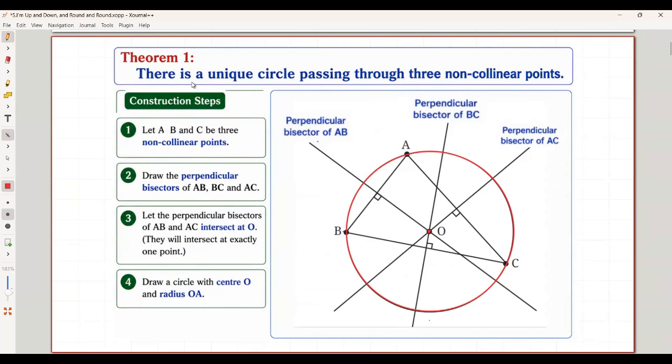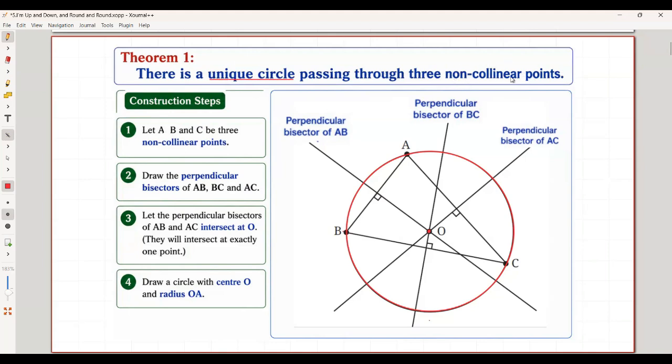Theorem number 1: there is a unique circle passing through three non-collinear points. Unique circle means only one circle will pass through three non-collinear points.